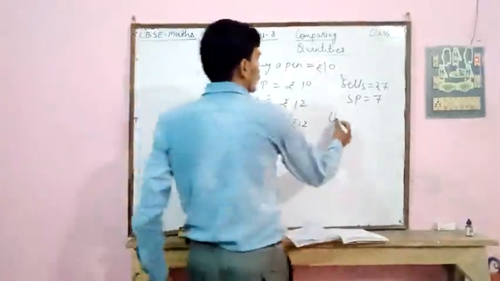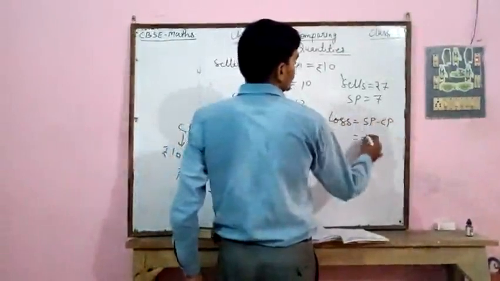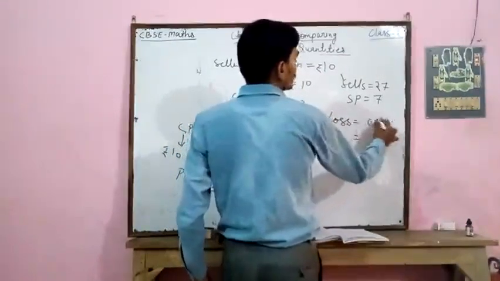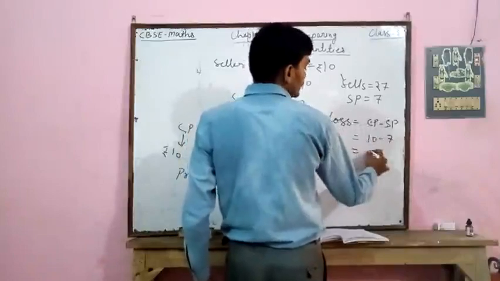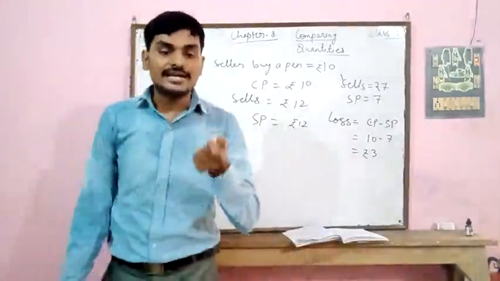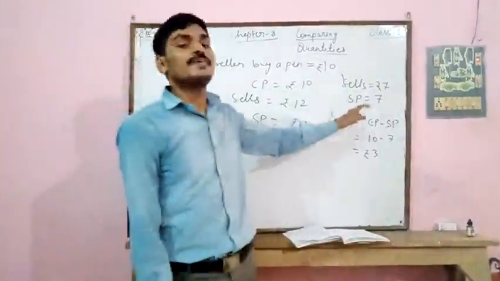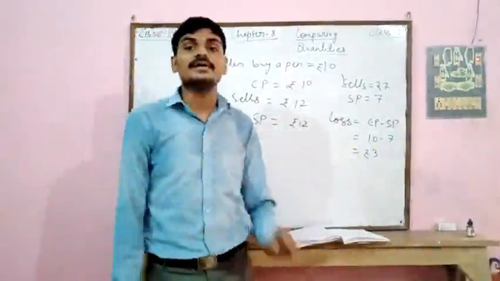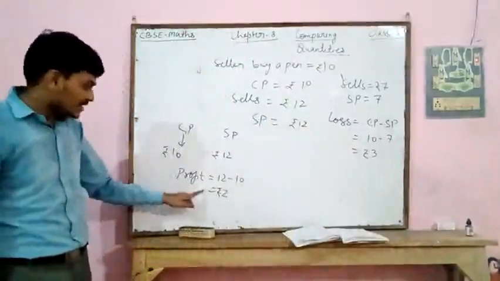Loss is CP minus SP, that is 10 minus 7, which is 3 rupees loss. So if SP is greater than CP, there will be profit, and if SP is less than CP, there will be loss. Now we have to find the percent profit in this case.